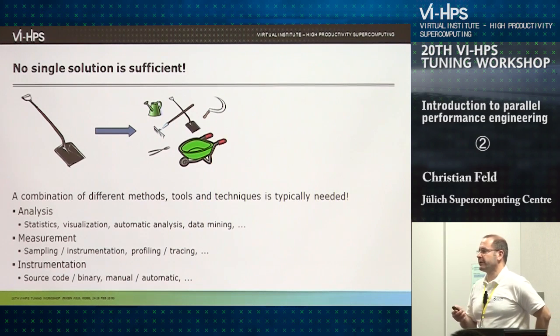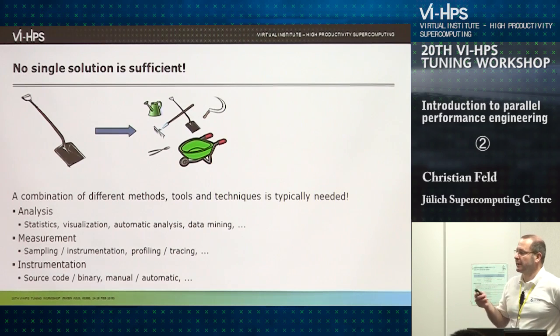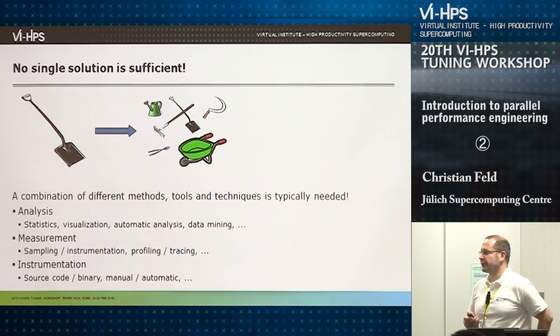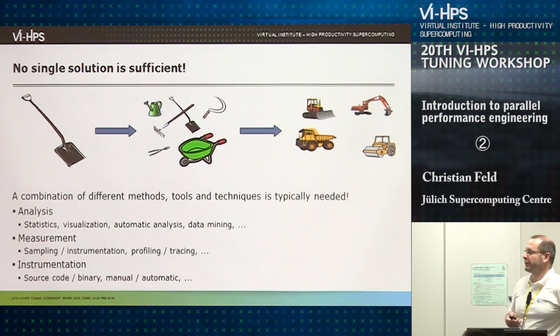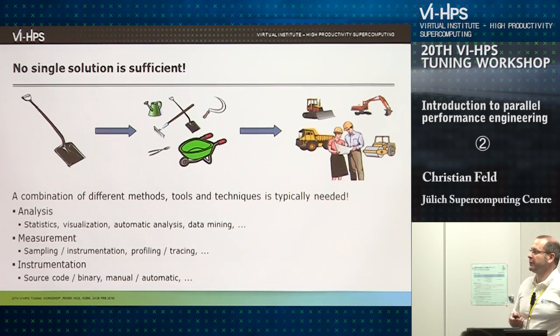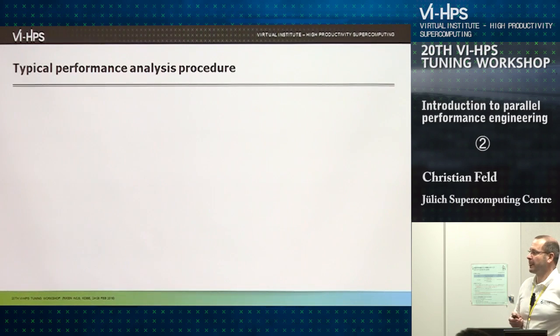Sometimes you can live with just some instrumentation. Profiling and tracing can be used for different aspects. Usually you have to combine several tools or several techniques to, in the end, get what you want: a faster program.